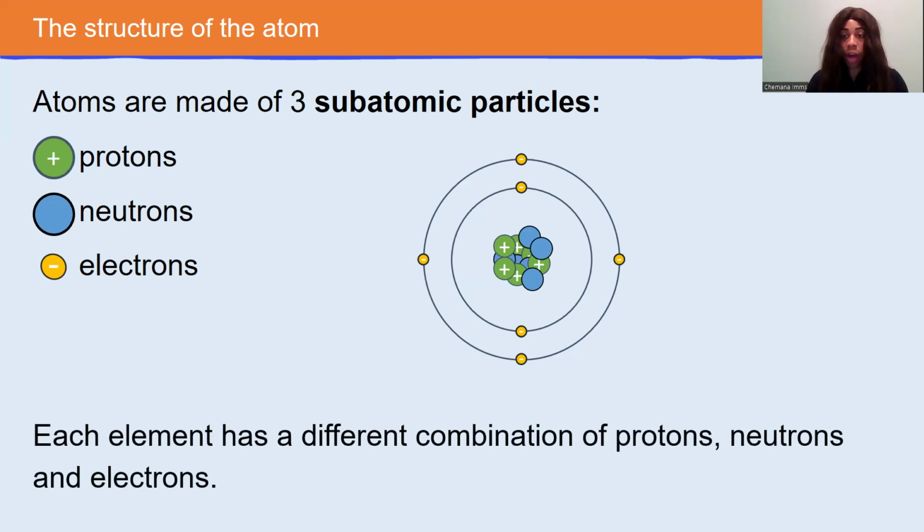Okay, now when we're looking at our periodic table, I want you to have a look at it now for me. So looking at our periodic table, what we can see is a range of elements. Now, these are all elements that essentially we have within the world. And some of the elements, for example, gold, silver, copper, we might be familiar with.